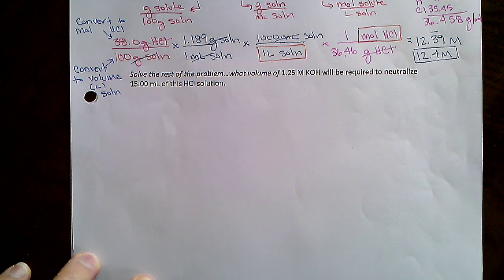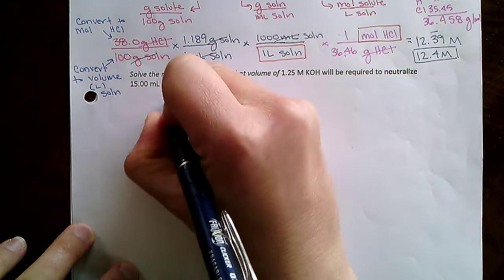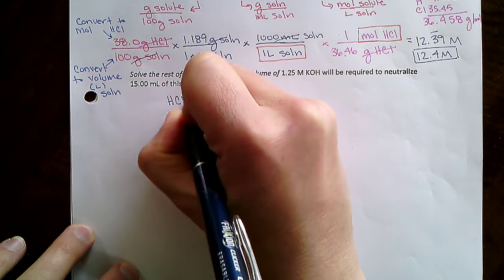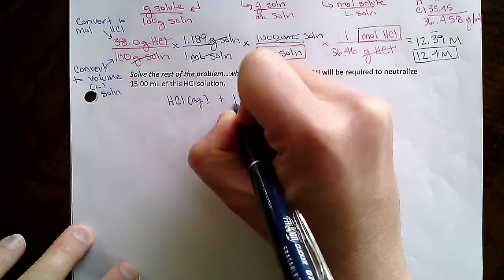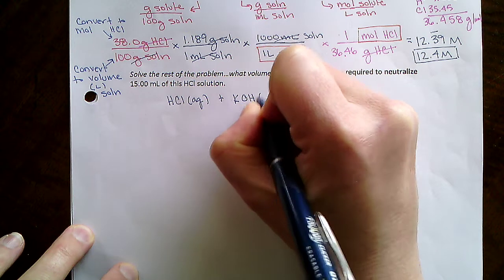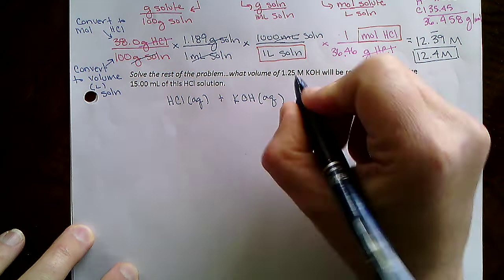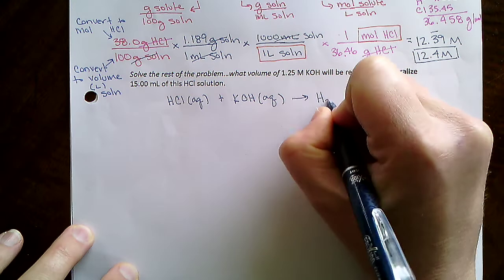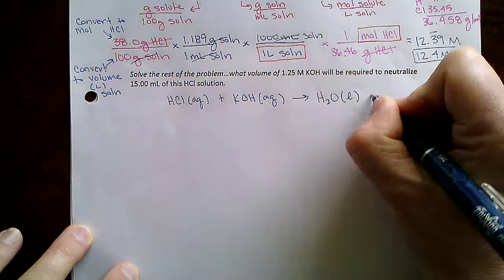It's always a good idea when you're talking about a neutralization reaction or any reaction just to write out the balanced molecular equation so you can think about the ratios that the reactants are reacting in. So this is aqueous HCl, hydrochloric acid, plus aqueous potassium hydroxide. The H and the OH react to form water. All acid-base reactions are going to form water as a product.